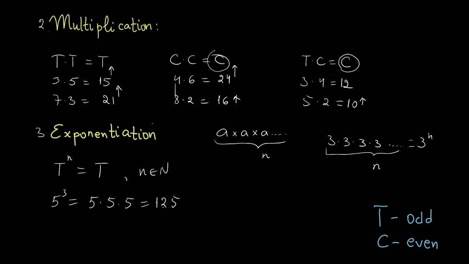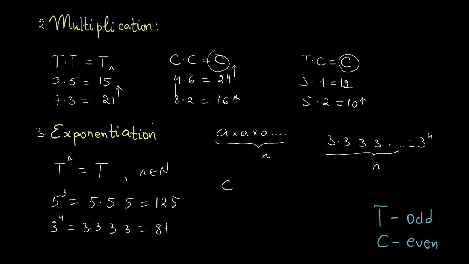Or let's look at another example. 3 to the power of 4 equals 3 times 3 times 3 times 3, which equals 81, right? 3 was an odd number and 3 to the power of 4 is 81, which is also an odd number.